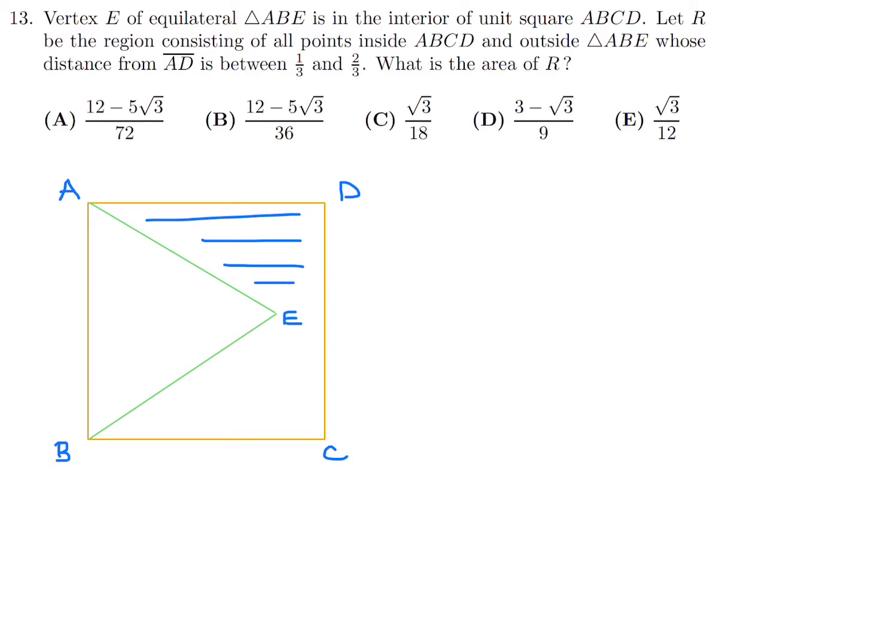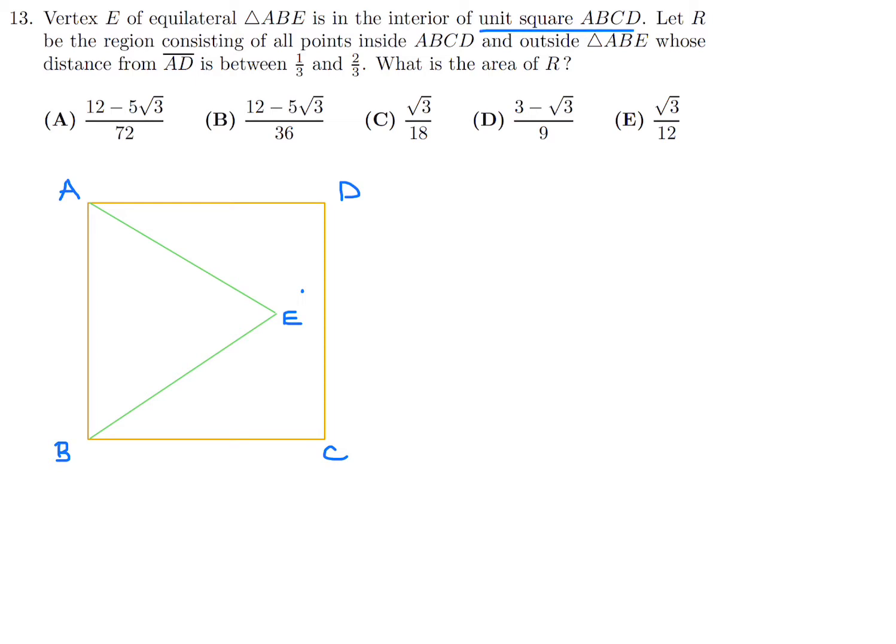So initially, that is our region, right? But then they give us an additional criteria that the distance from AD is between 1/3 and 2/3. So any point that we draw, its distance from AD has got to be between 1/3 and 2/3.